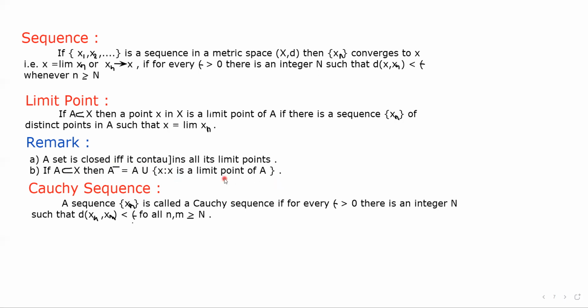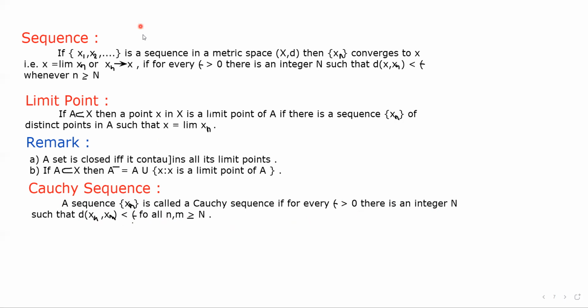Okay. Then Cauchy sequence. A sequence xn is called a Cauchy sequence if for every epsilon greater than 0 there is an integer N such that d(xn, xm) is less than epsilon for all m, n greater than or equal to N. Okay.